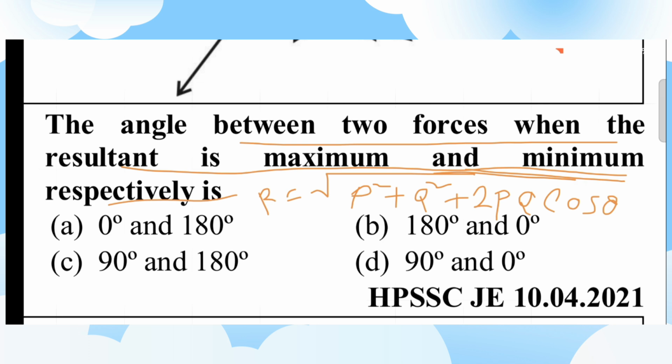If theta equal to 0, then it is maximum, P plus Q, and minimum when theta equal to 180, then R equal to P minus Q. 0 and 180 degrees. 180 degrees पे आएगा P minus Q, 0 पुट करोगे तो cos theta पे रिजल्टेंट आएगा P plus Q.